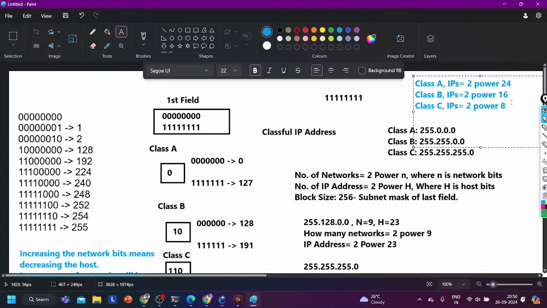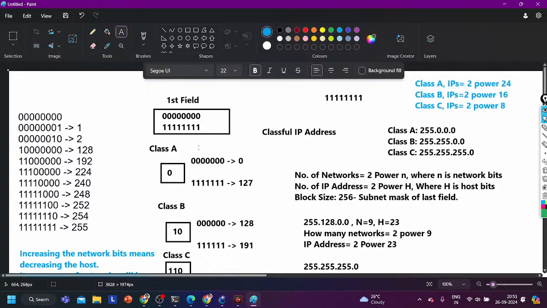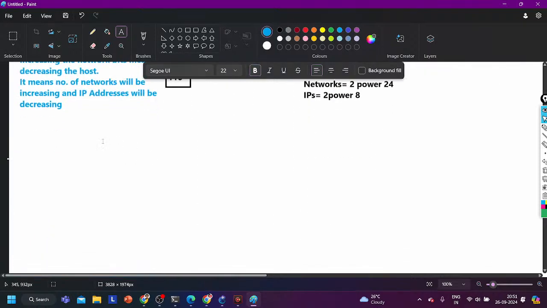I will use IP addresses from class C and I will be wasting around 240 IP addresses. So to reduce this wastage, we come up with subnetting. With the help of subnetting, we can divide these networks. These are the default classful networks.